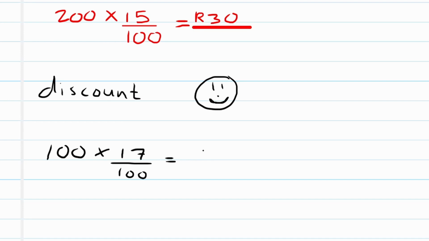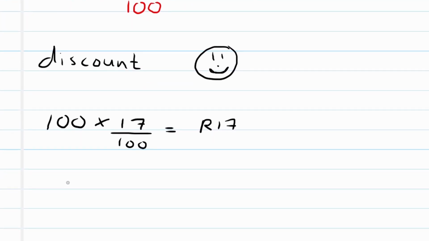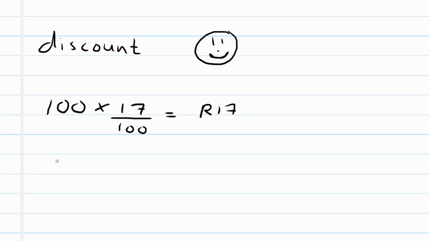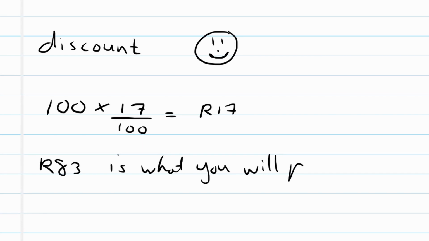And then this would be equal to 17 Rand. In other words, the actual price you're going to pay is 83 Rand. So this is what you will pay. This is an easy way for you to understand and to be literate regarding finances.